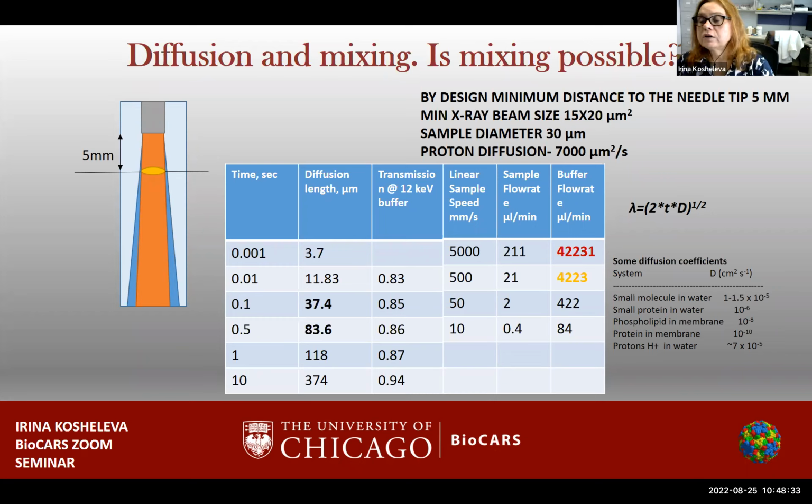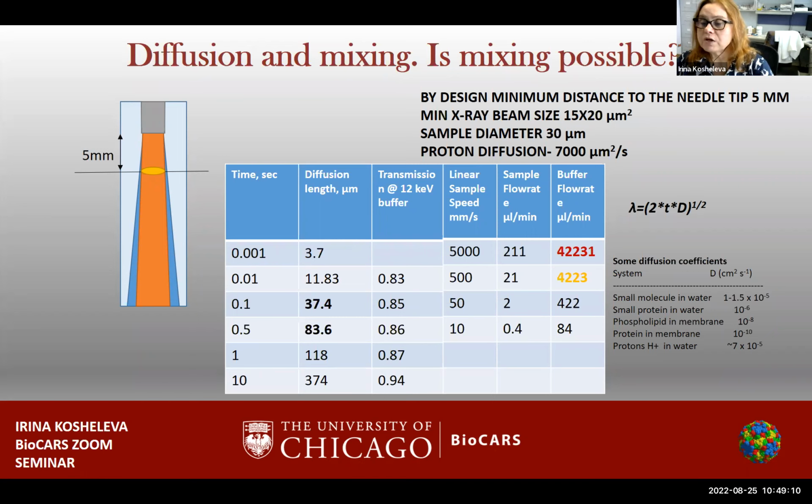Here I was trying to calculate for these streams what has to be the buffer flow rate. In this last column, you can see this red and yellow. This is where even the vendor cannot guarantee that the flow cell will not be damaged. So our safe region will be somewhere around maybe 50 and more milliseconds.